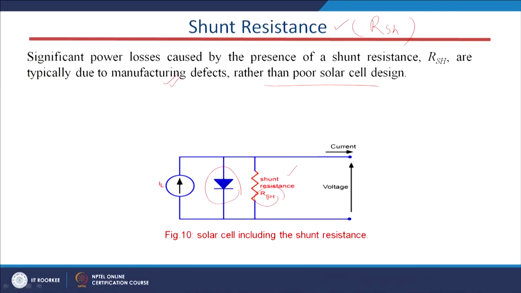Due to that, this RSH comes, and due to the presence of this RSH shunt resistance, the current flow through this particular device, basically this IL, is going to be distributed through this diode as well as through this shunt resistance. That means the current which is going to flow through the load terminal will reduce, and the voltage will also drop.